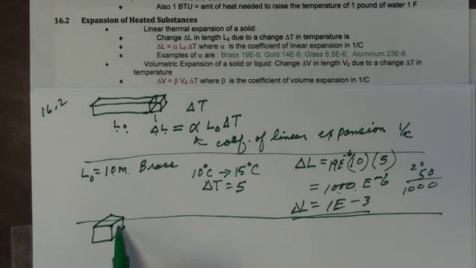And here with volumetric expansion, we can compute that for a solid, a liquid, or a gas. And our change in volume, as before, is going to be a constant times the original volume, because if I have twice the volume, I'm going to get a change for each one. Therefore, it must be linearly proportional to the volume. And it will also be linearly proportional to the temperature.